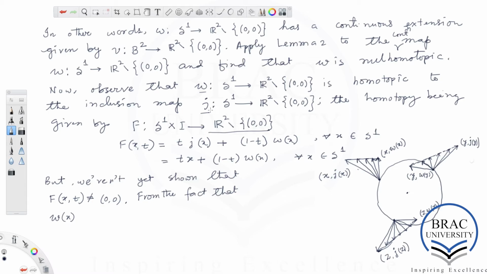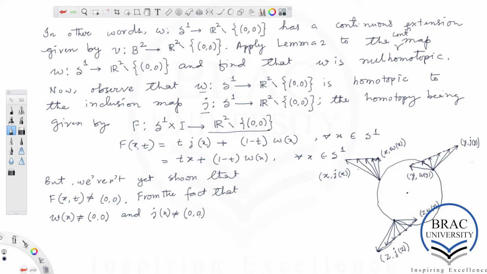So J of x and W of x are never equal to (0, 0). So W of x is never equal to (0, 0), and J of x is never equal to (0, 0).